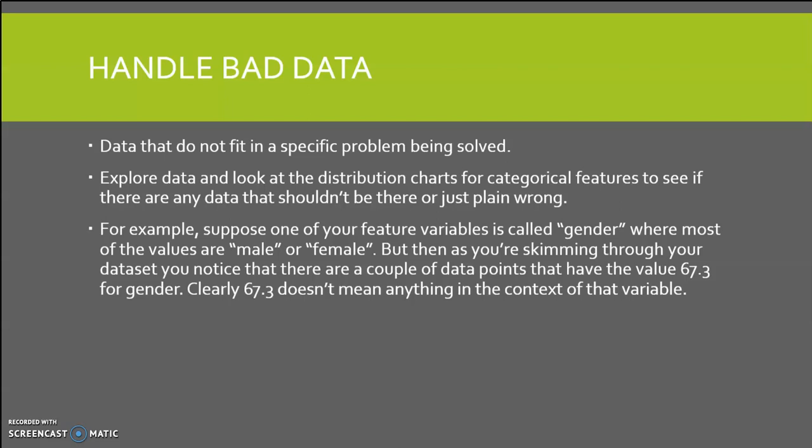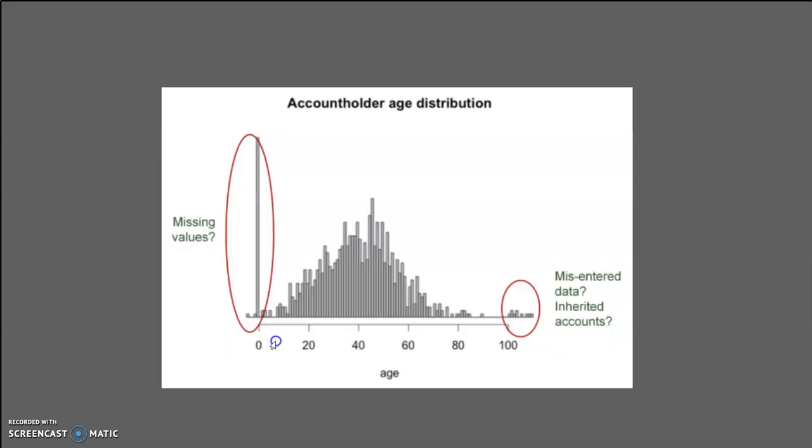For example, you have a feature called gender, where most of the values are either male or female. But then you notice that there are a couple of data points that have the value 67.3 for gender. So this is obviously bad data, given the context.